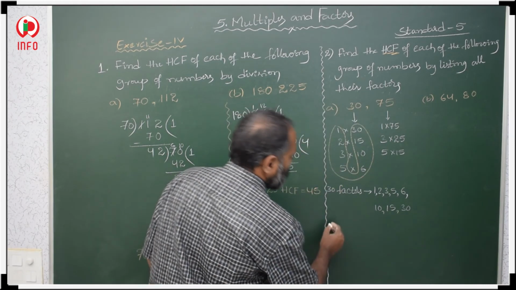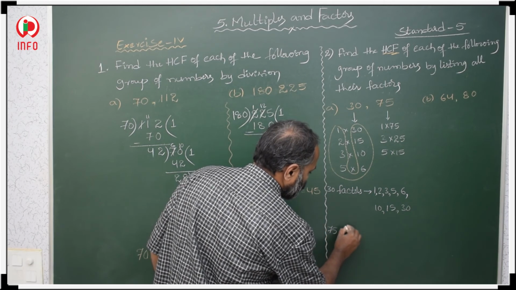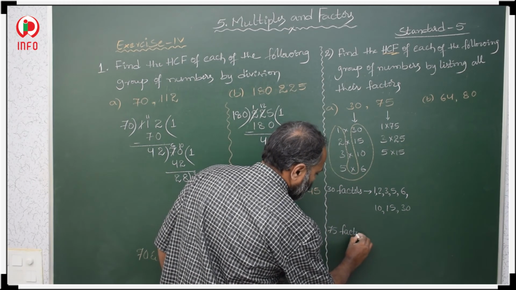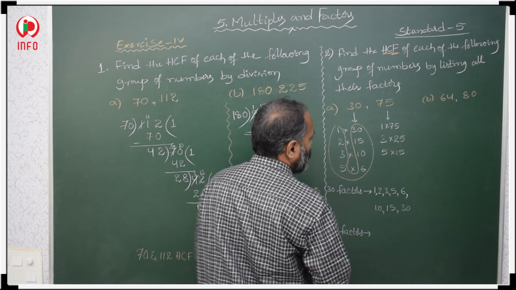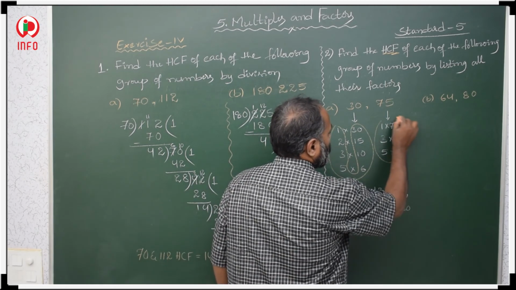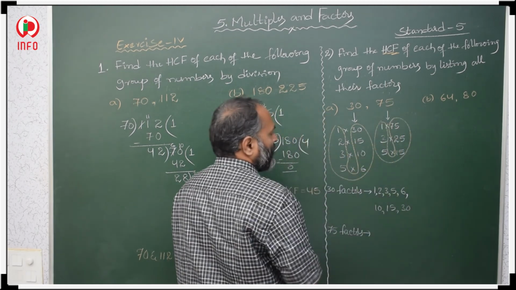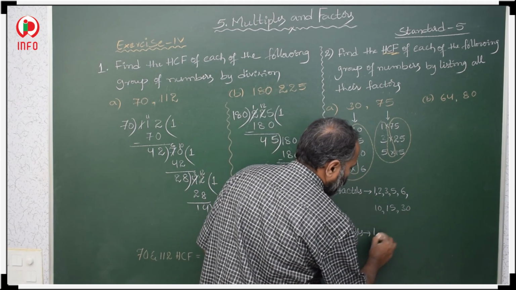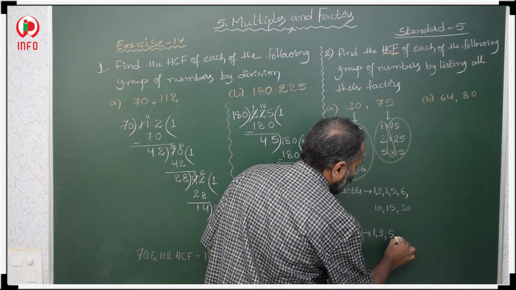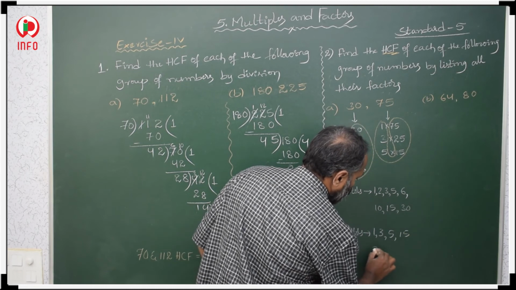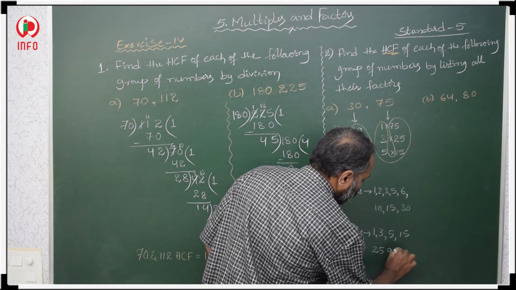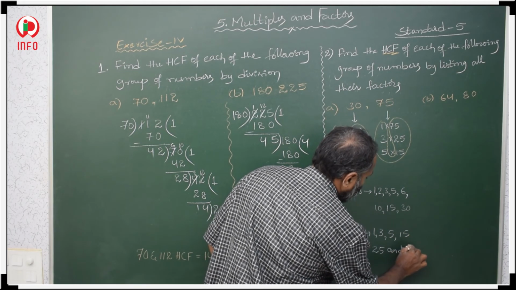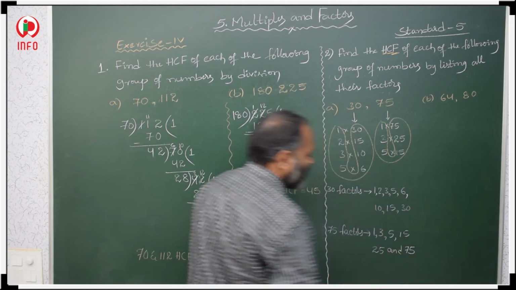Then 75 factors, 75 factors in U shape. 1 3 5, 1 3 5 15 25 and 75. These are the factors.